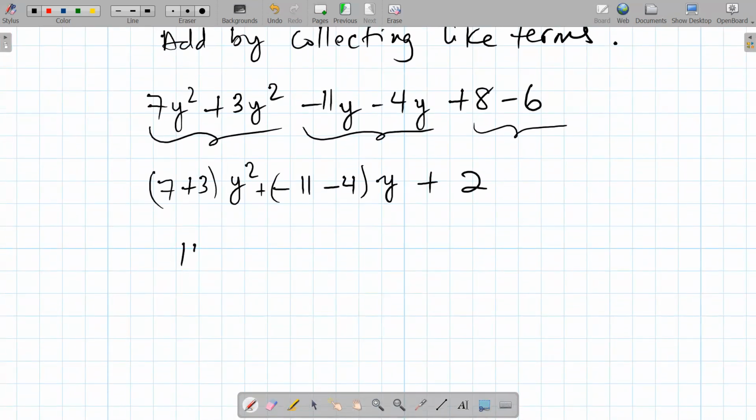So that will give me 10y squared. Negative 11 minus 4 is negative 15y, plus 2. And that will be your result. That's it.